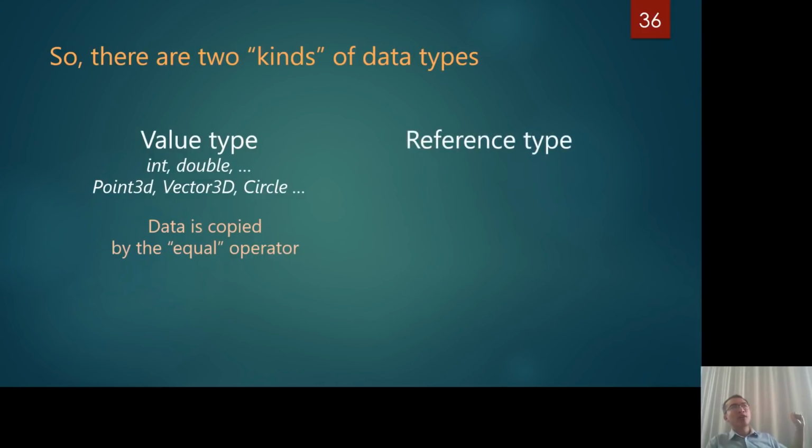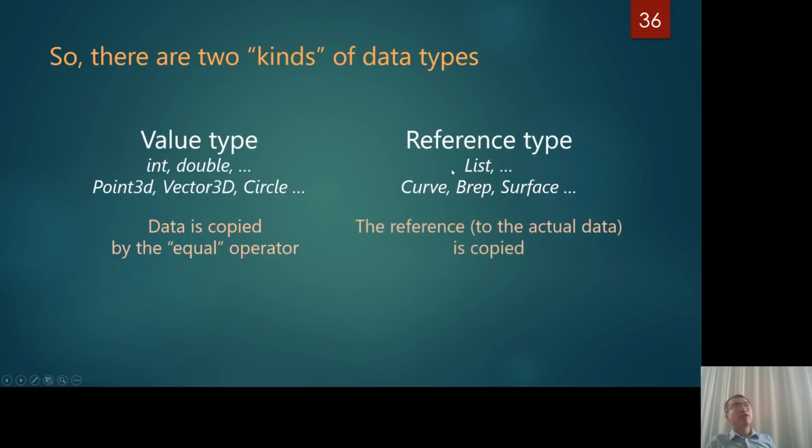Now the other one is the reference type. What is stored inside the variable is actually not the value. The value is stored elsewhere, and only the reference, or the address, or that little arrow there, which is just a visual presentation, is stored inside the variable.